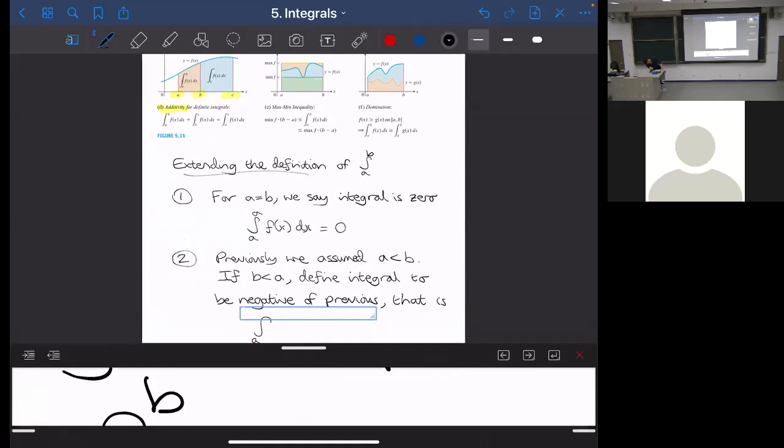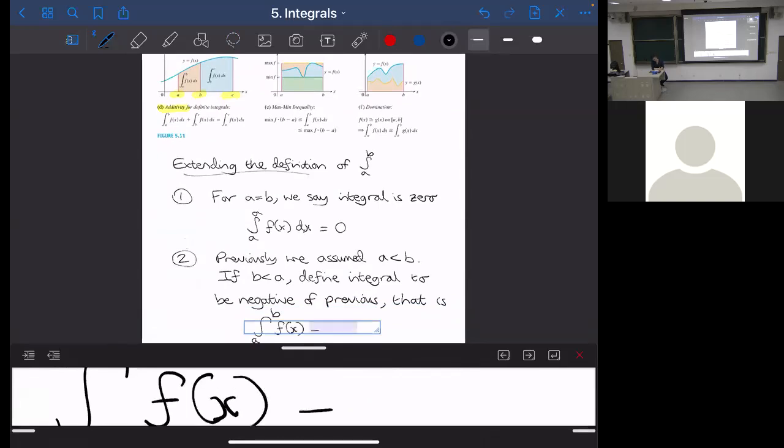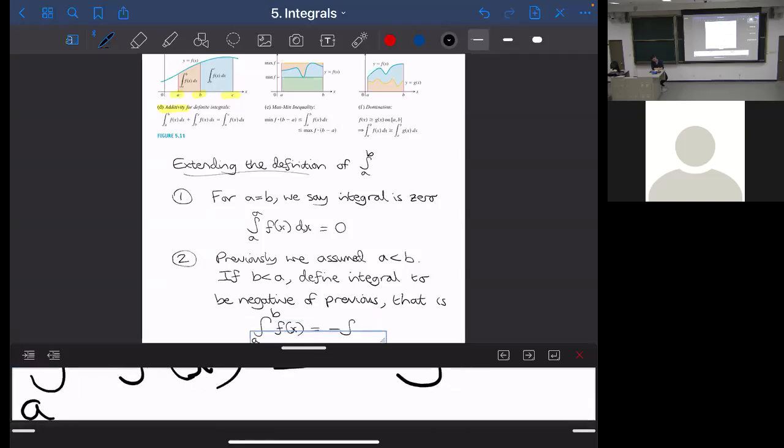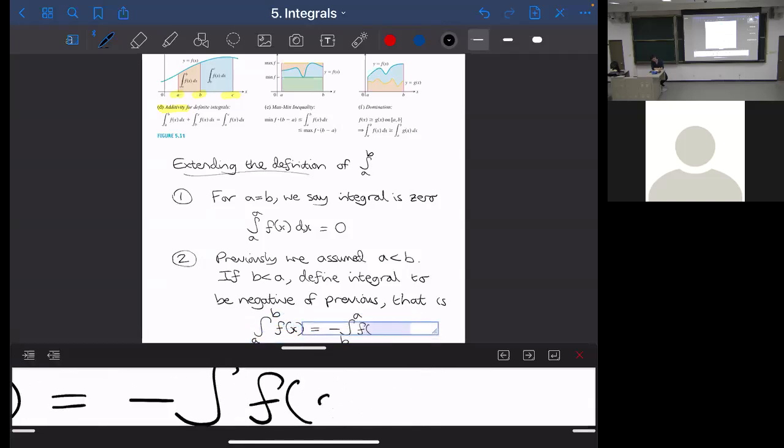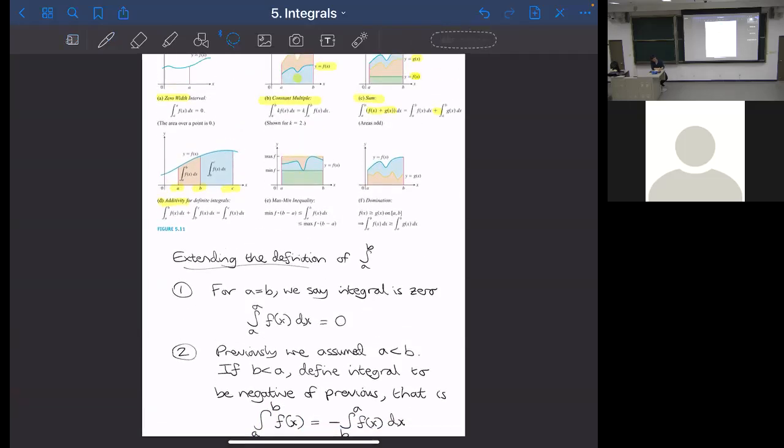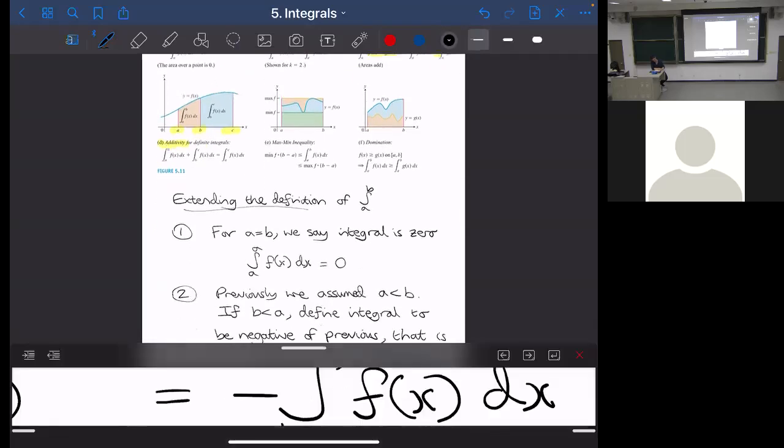So if I have the integral from a to b, I've been assuming that a is less than b. But if b is less than a, then we define that integral to be minus the integral from b to a, and I always need dx's in here.